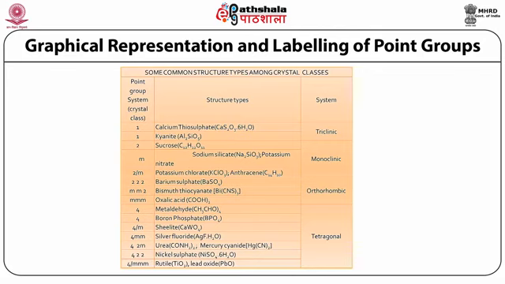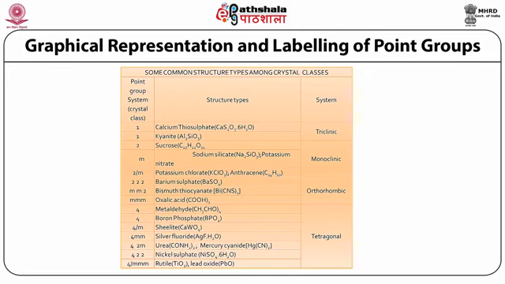And the third example of this is crystal class mmm. The crystal structure is oxalic acid, whose chemical composition is (COOH)2. It also belongs to the orthorhombic system. Then next we come to the tetragonal system.